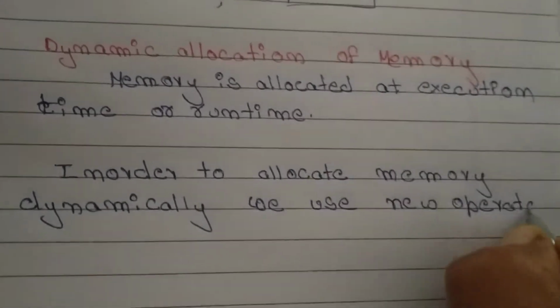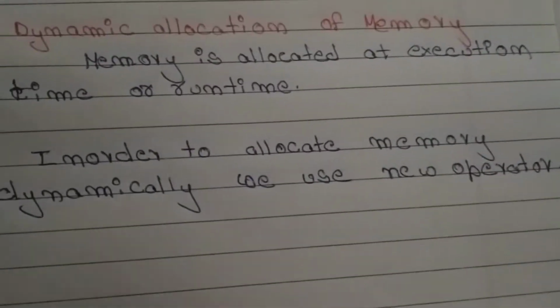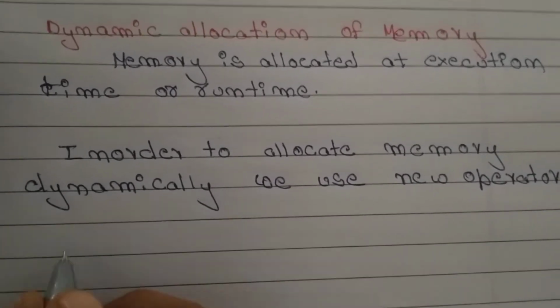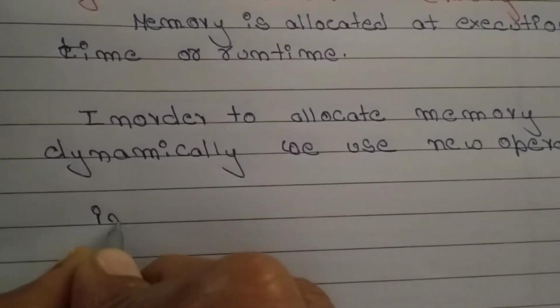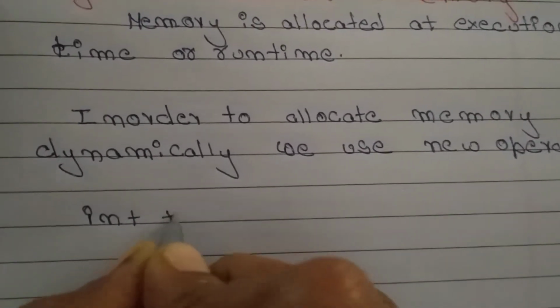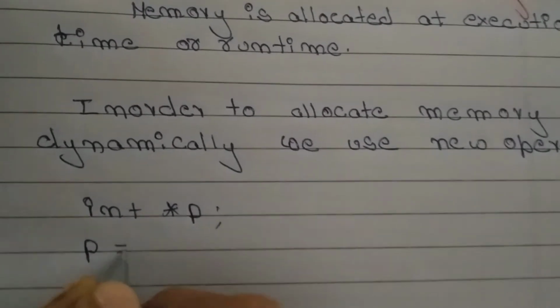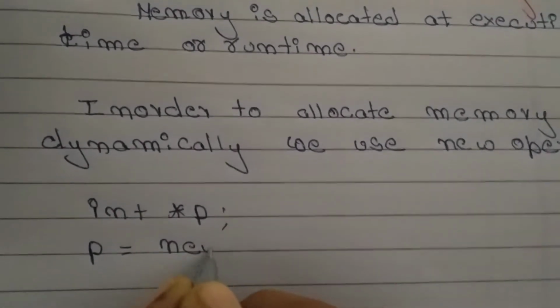Which operator is used to allocate the memory dynamically? The new operator. Okay. So for example, int asterisk p; p is equal to new int.